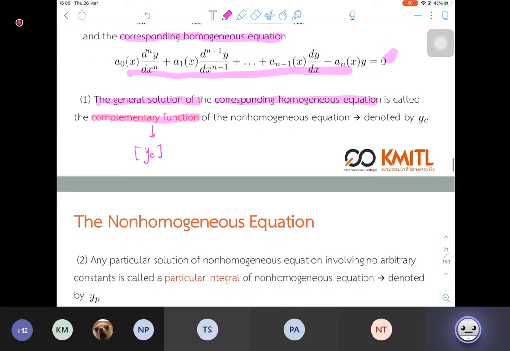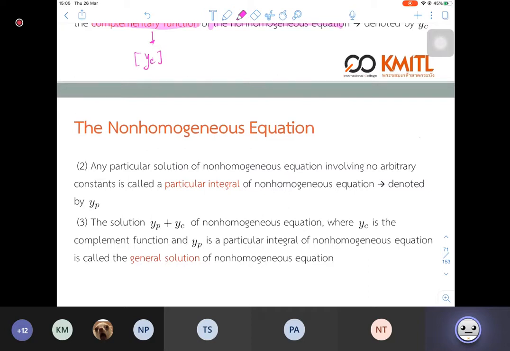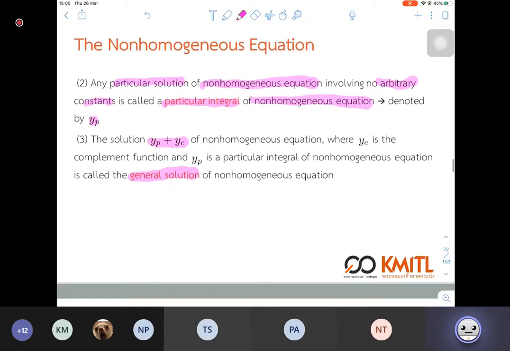This is the complementary function of the non-homogeneous equation. And you have also a particular solution of the non-homogeneous equation, which has no arbitrary constant, and this is called the particular integral of the non-homogeneous equation, and this is called YP, okay? General solution would be YP plus YC, that's all, okay?